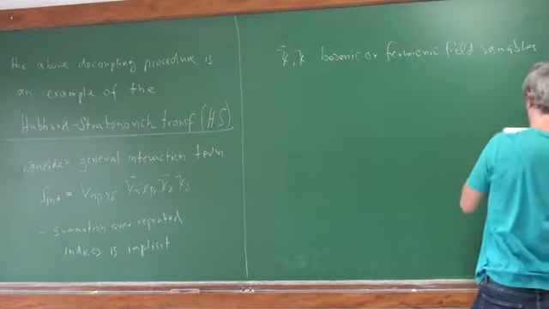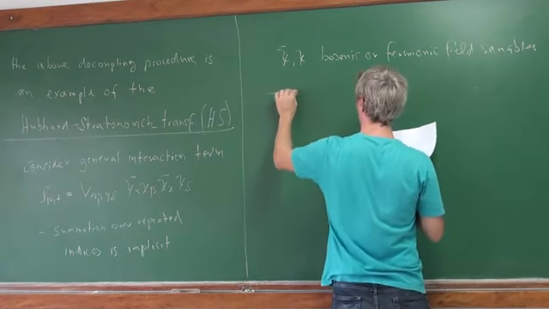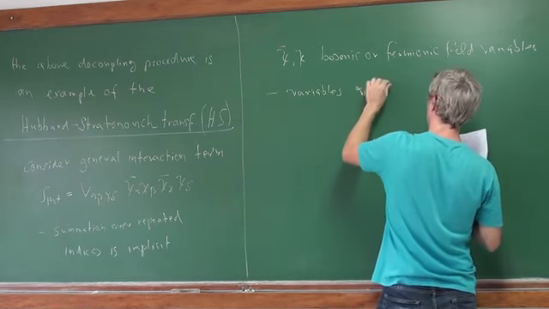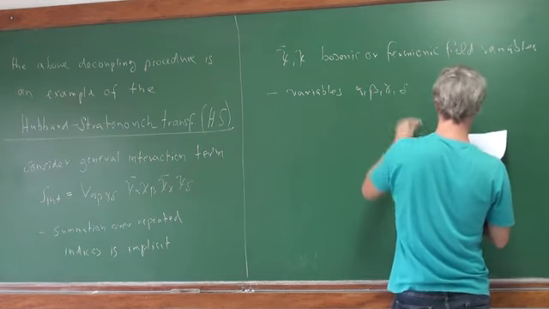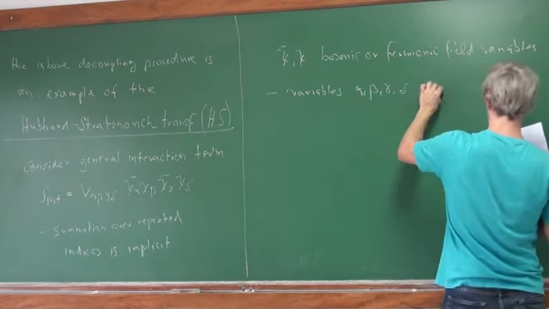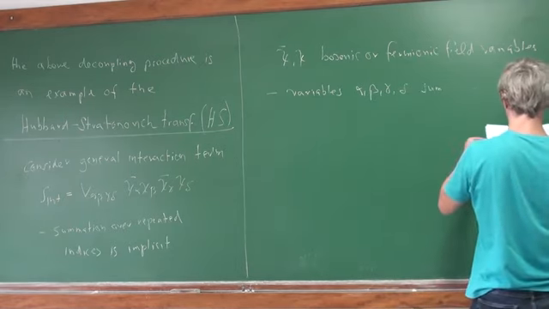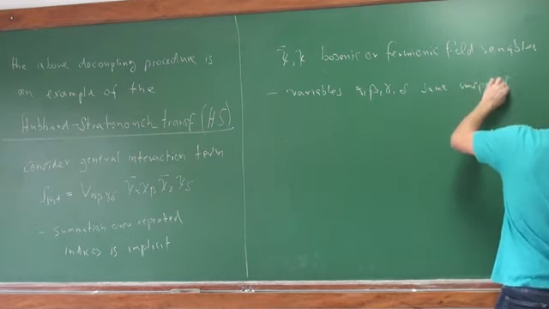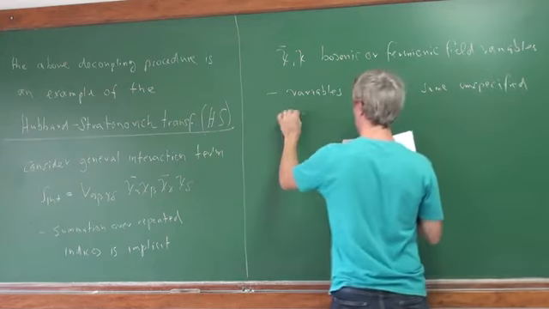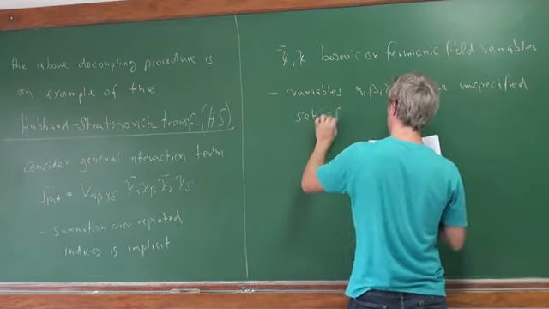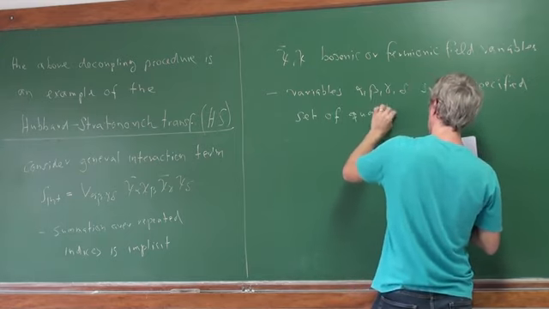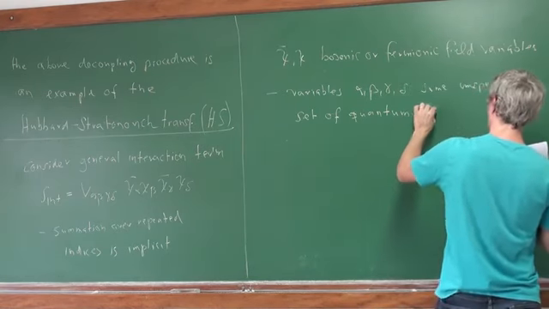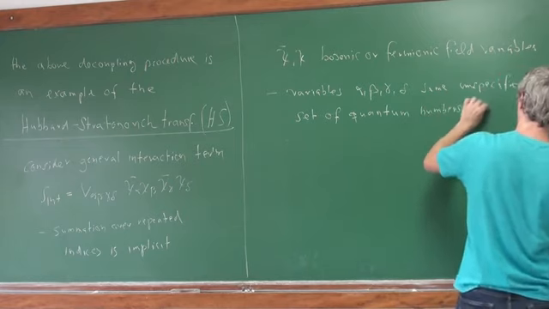And finally, the variables alpha, beta, gamma, delta are some unspecified set of quantum numbers and Matsubara frequencies, a set of quantum numbers like spin and momentum in the case of the electrons that we considered, and they also contain the Matsubara frequencies.